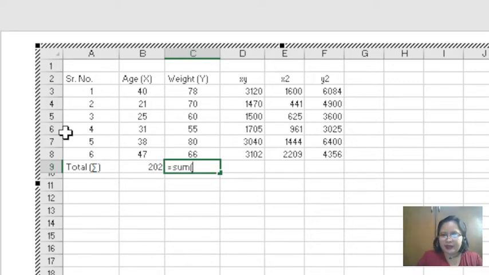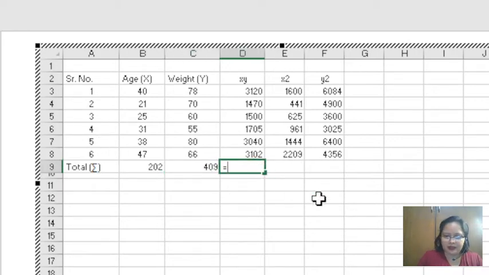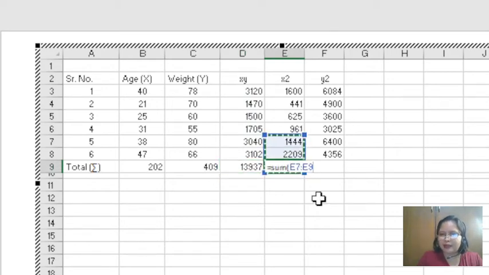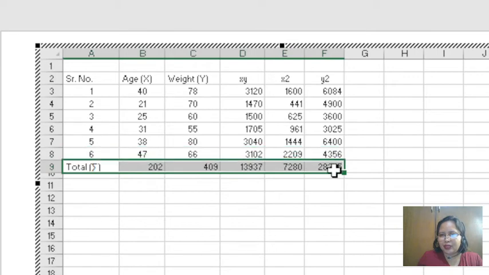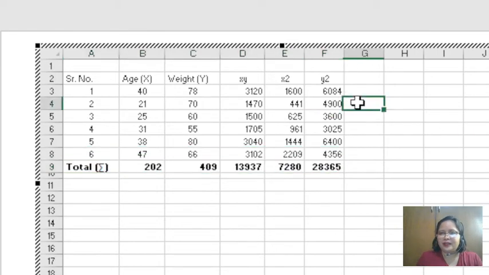Next, because that is the summation, you have to add. So it's easy, right? Just don't get too confused. Next. Okay. So, these are the summations, the totals. Next.